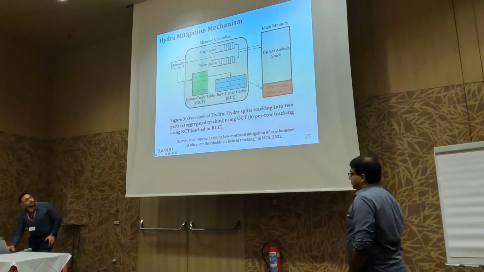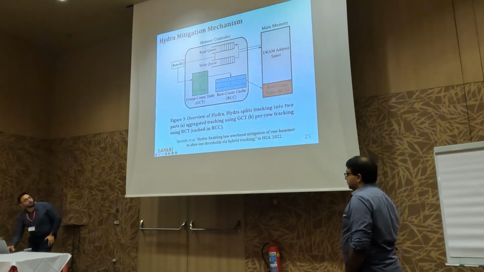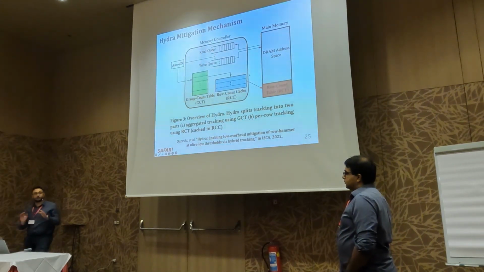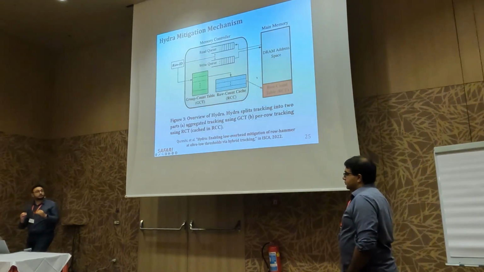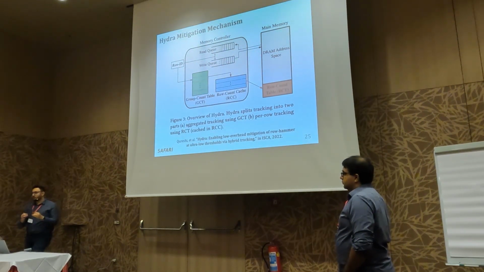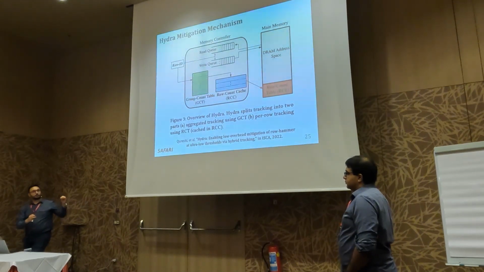There is a set of evictions and fetches going between the cache and the row count table. This data movement is creating most of the problem, and unfortunately we couldn't address this in this proposal, so it is weak for Hydra, but for other mechanisms we have good performance.